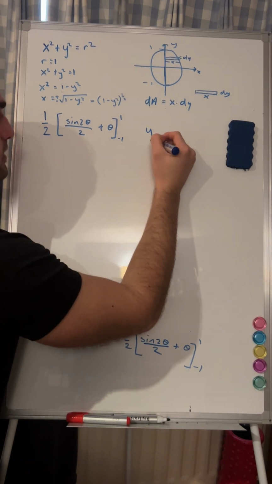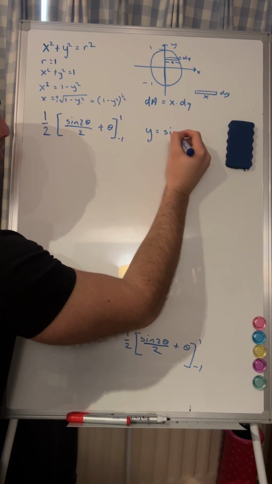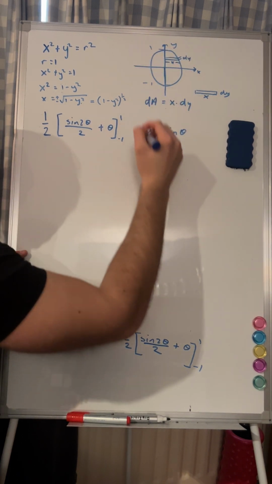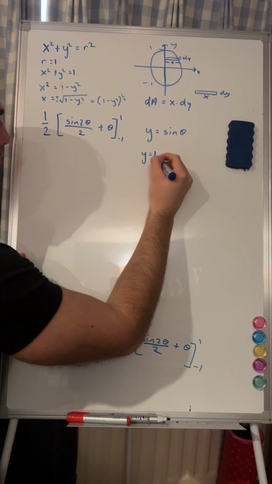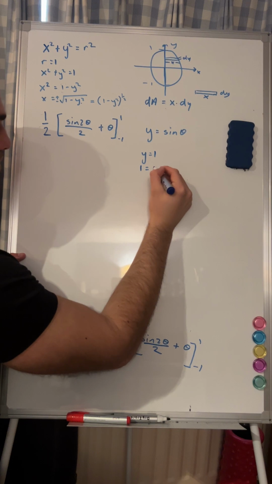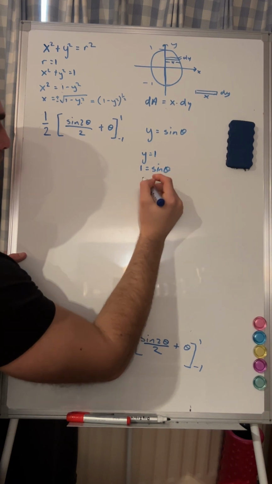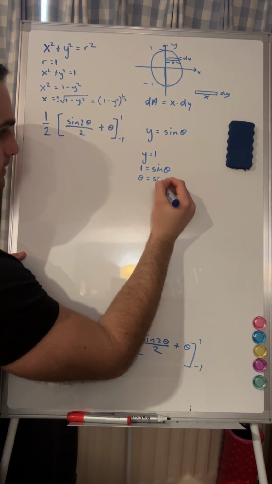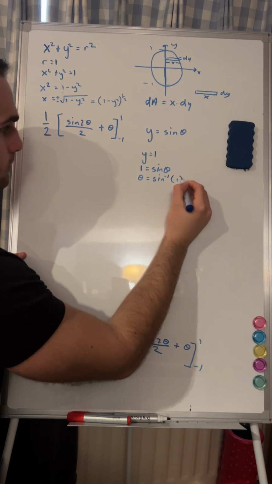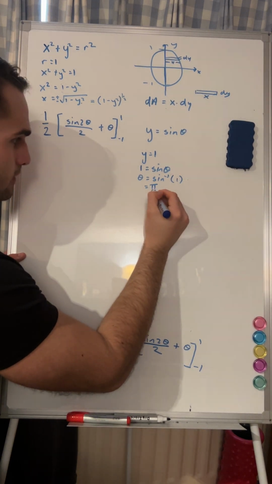So because we use this substitution, y equals sine theta, we have y equals 1, so 1 equals sine theta. So theta equals inverse sine of 1, which equals pi over 2.